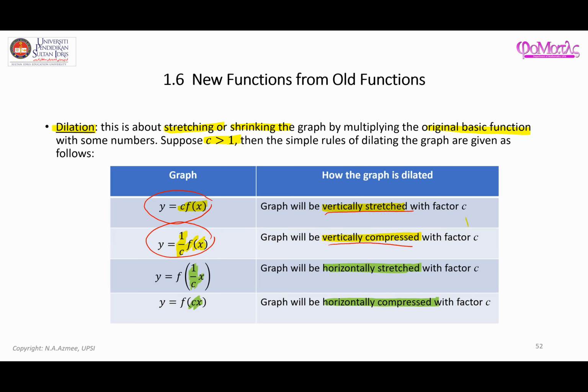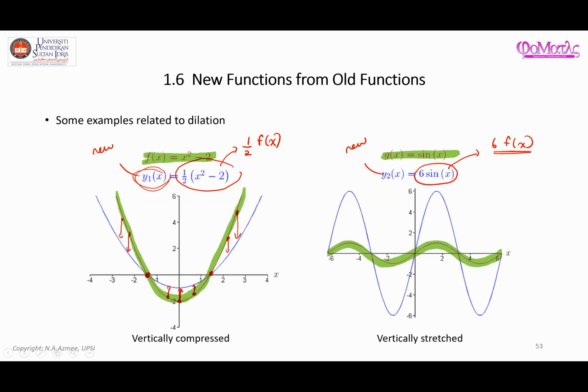And this is the case given by this one, and we know that for this one the graph will be vertically stretched. So what it means is that a point that is on this axis will remain as it is because these points are anchors. They are not going to move anywhere. They're just going to stay right there.